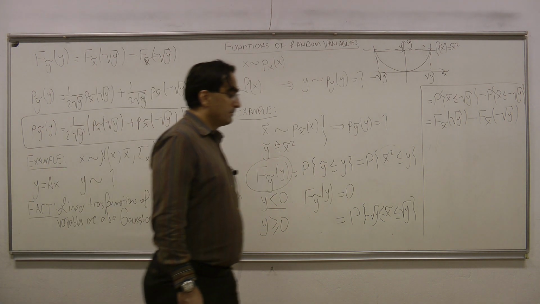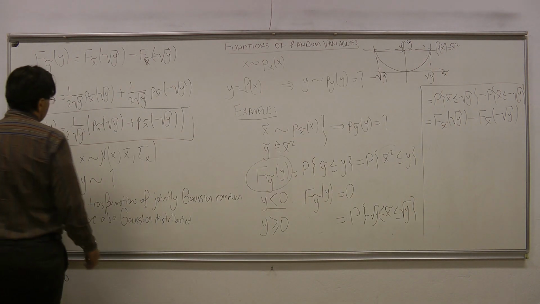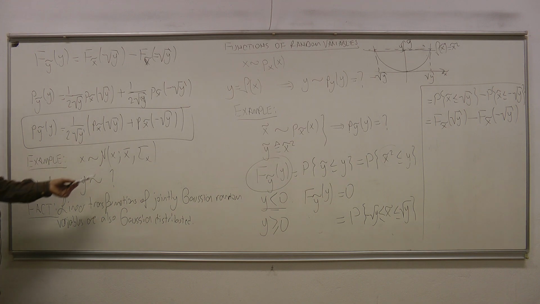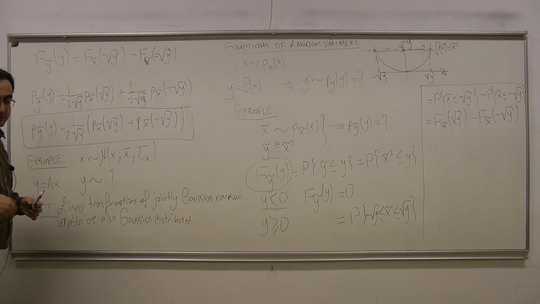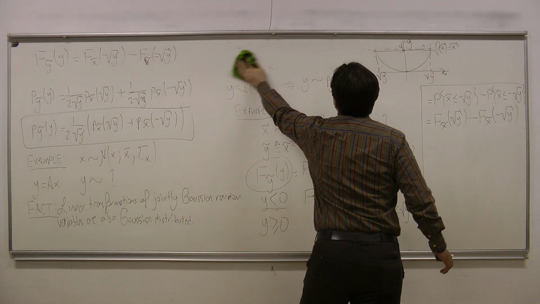Okay? So here, this x is definitely, all elements of x are jointly Gaussian distributed. And here, this is a linear transformation of the variables in x. All right? Therefore, y is going to be distributed as a Gaussian, with a Gaussian distribution.